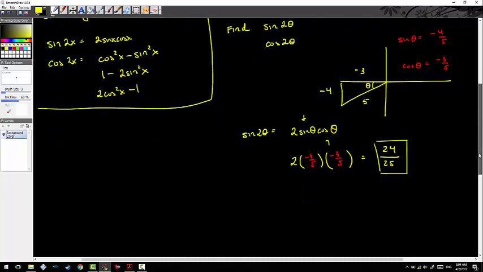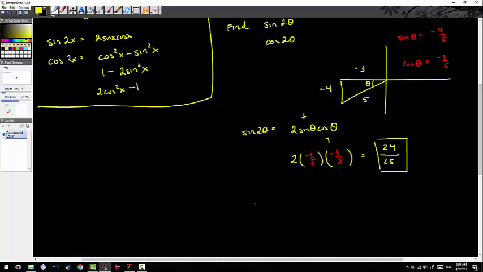Cosine double angle works in a similar way, so let's go ahead and do it. Cos 2 theta is equal to cos squared theta minus sine squared theta. So what I have is a thing squared minus a thing squared. What was cos again? It was negative 3/5, and sine was negative 4/5.